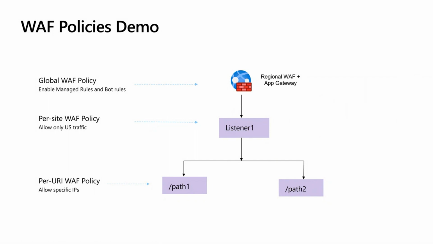And even underneath it, you can have different paths, different backends for different paths, right? You can apply the WAF at a global level, or at a listener level, or at the URI level. And that's the granularity that Application Gateway gives, because you can have different rules here versus here.